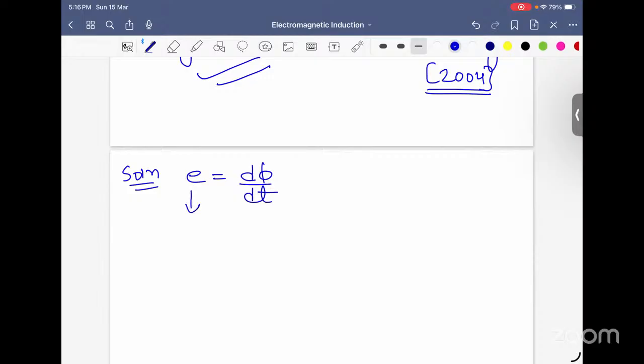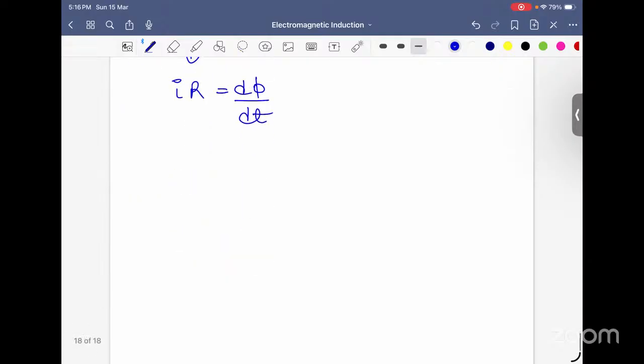This behaves as a voltage, so as per Ohm's law, it's I into resistance equals d phi by dt. Now current is d phi by dt into 1 upon R. Current is also dq by dt.